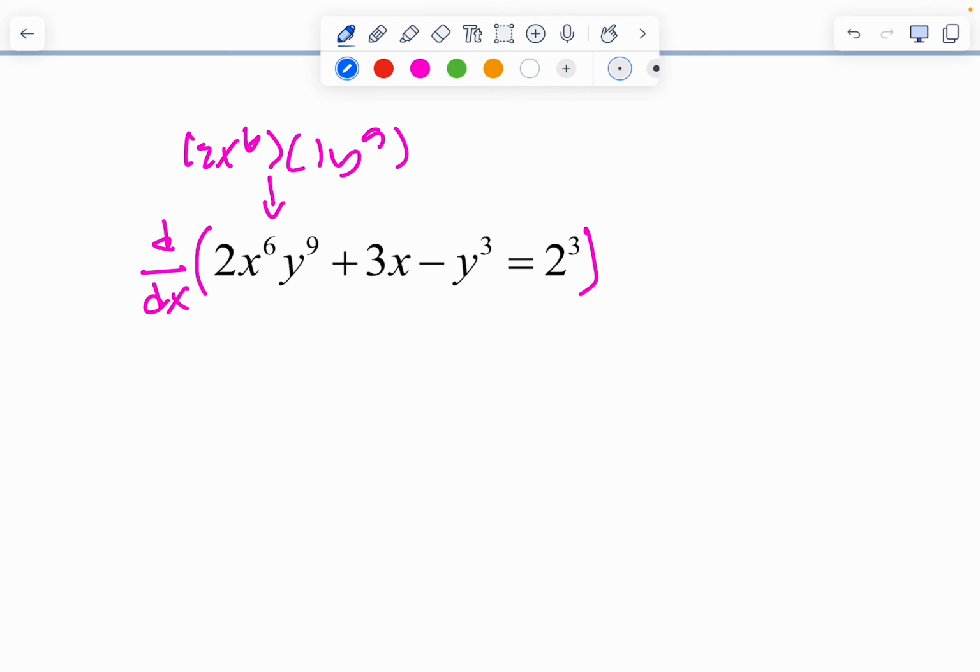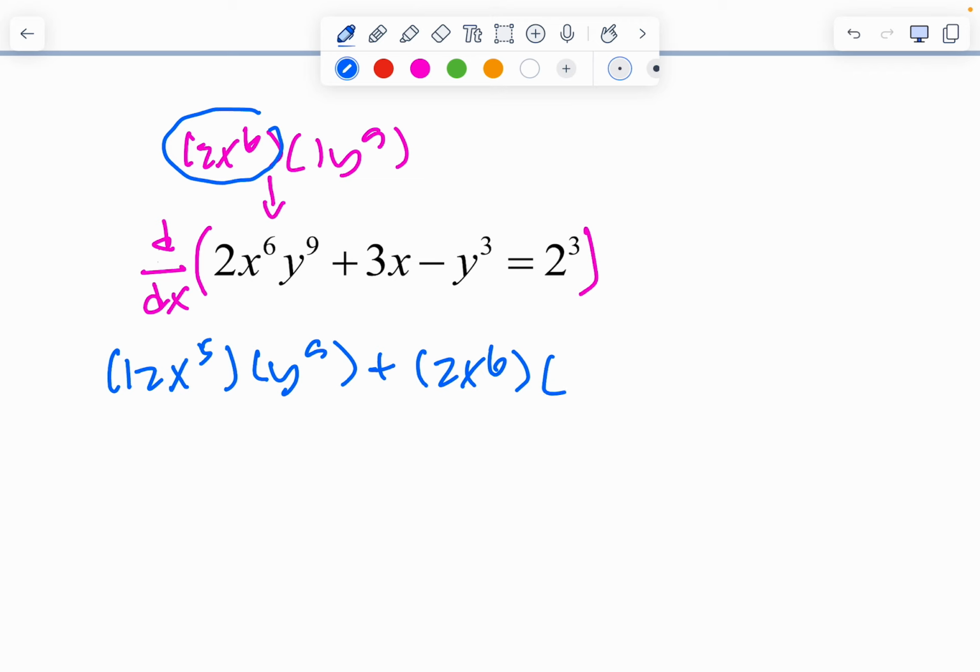Do I derive first or keep first? We derive. What is the derivative of this guy over here? 12x to the power of what? 5. And then I keep the next one. So I'm going to say y to the power of 9. And then what was our operation separating our two left and right chunk? Plus sign. And then I keep the first one, and we derive the next one.